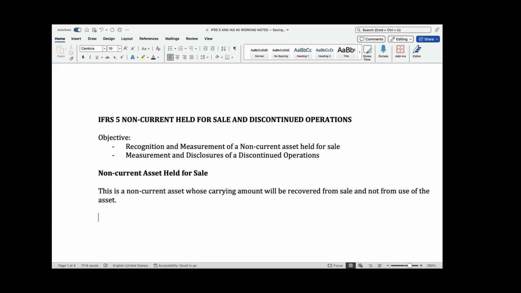However, can you just wake up as an organization and describe your asset as held for sale? No, you cannot. Before you can classify your non-current asset as held for sale, it must meet certain criteria.